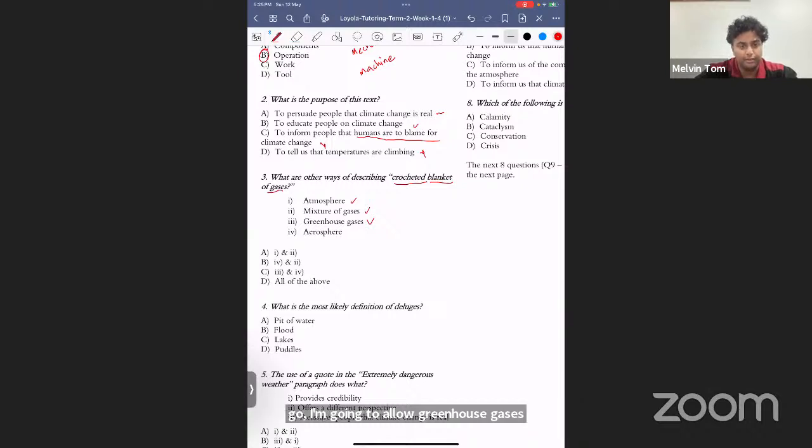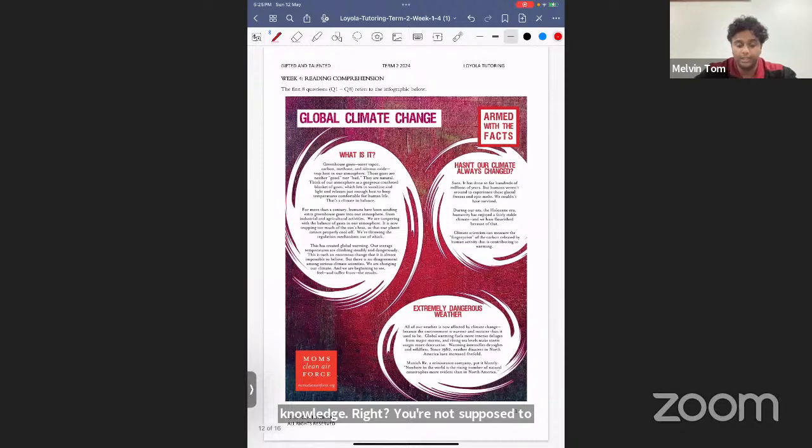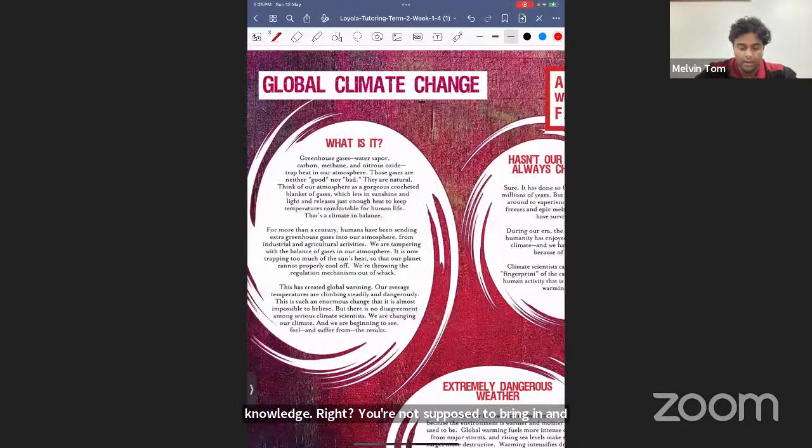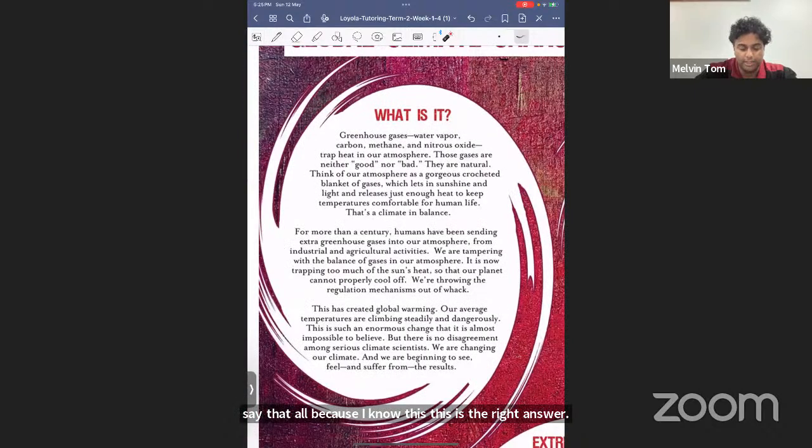The reason I'm going to allow it is because in reading comprehension, you're not allowed to bring outside knowledge, right? You're not supposed to say, oh, because I know this is the right answer. I know that, for example, oxygen is not a greenhouse gas, or nitrogen is not a greenhouse gas, right? But those are the two biggest gases in our atmosphere.